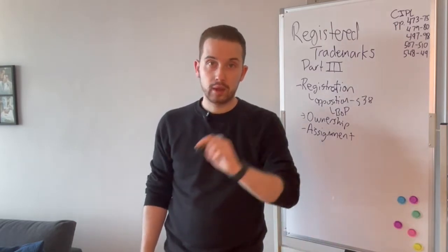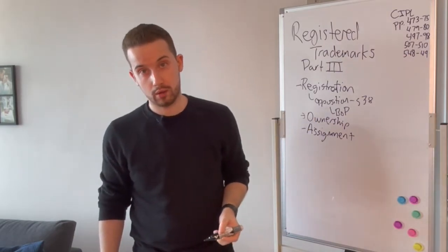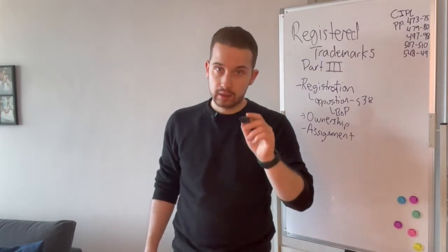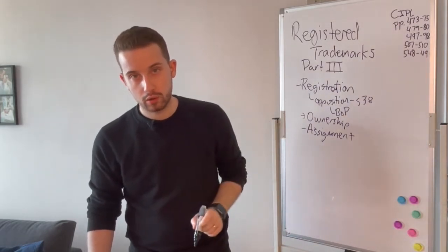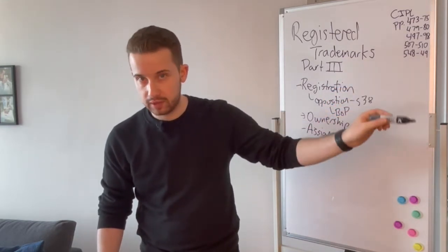Patents, as we'll see, have an even shorter period of protection. This is different, this is unique. You can have a registered trademark forever. There's no lifetime bar, no life plus 50 years.